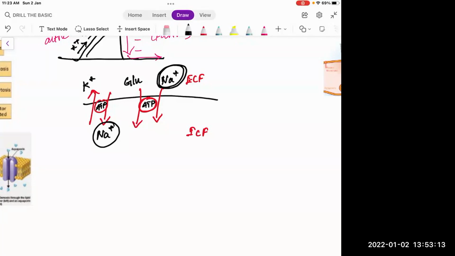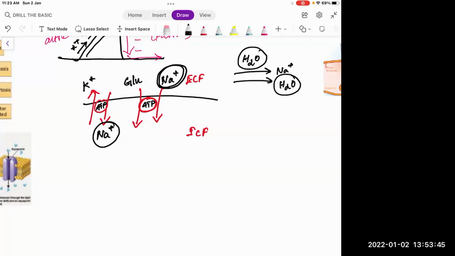So if a person is admitted to the hospital, you have to check the sodium concentration and immediately rectify the sodium defect if the person has one. It should not be higher, it should not be lower. Another reason: if a person has dehydration, sodium will move along with the water.